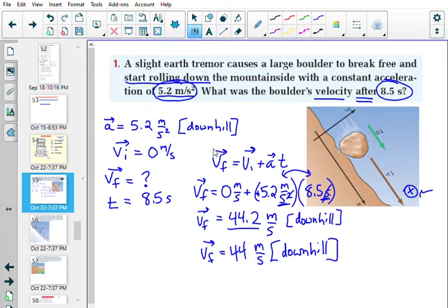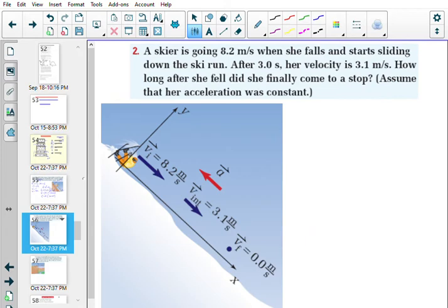Okay, let's look at a second object going down a hill example. And this one is a skier. And the skier is going 8.2 meters per second when she falls and starts to slide down the ski run.